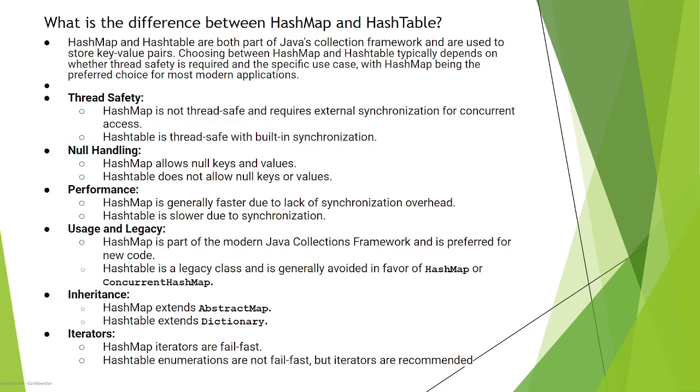So from the difference you can understand both are part of the Java collection framework and they store key value pairs. So the advantage is, if you want to verify a count of a specific string or an array of characters, you can easily use the hash map concept.